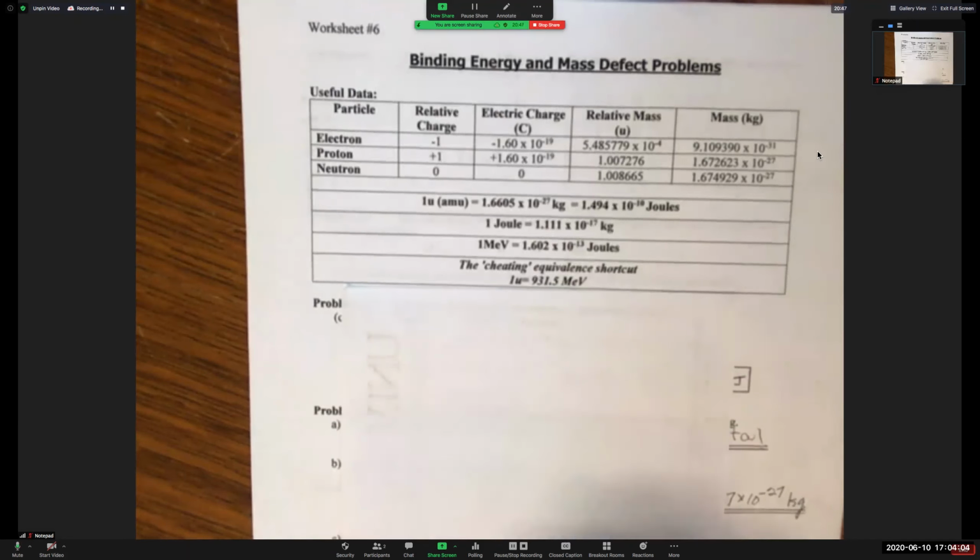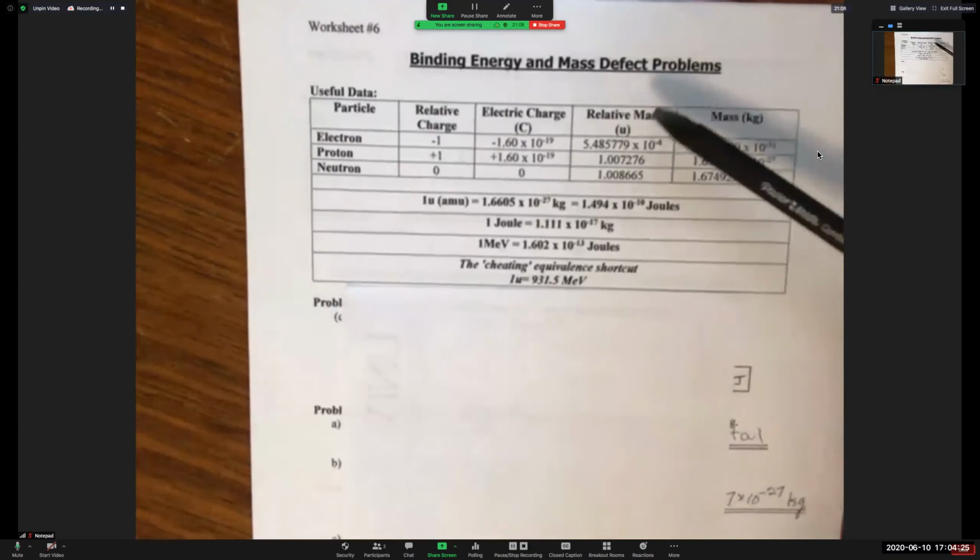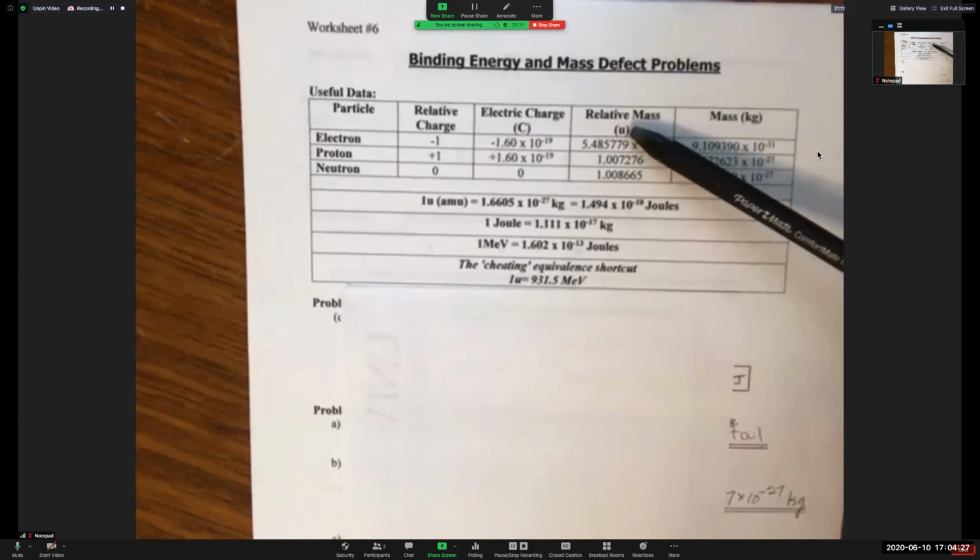It tells you what the masses are of the subatomic particles that we're concerned with. So the electron has the relative masses in atomic mass units. This is the symbol for atomic mass unit, if you don't remember. It's just a u, so it stands for amu.